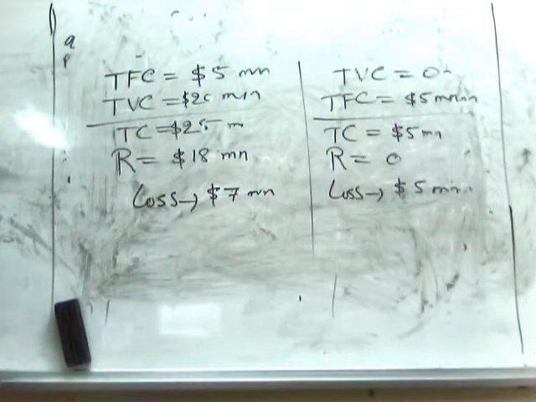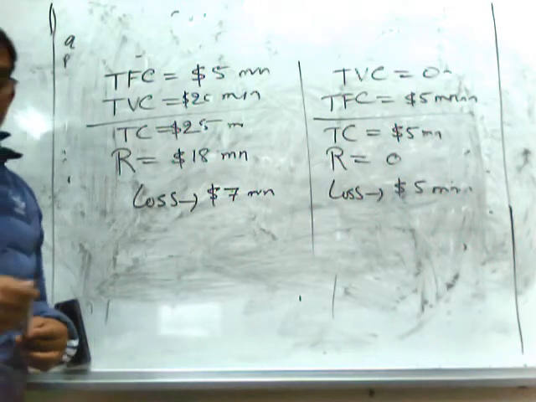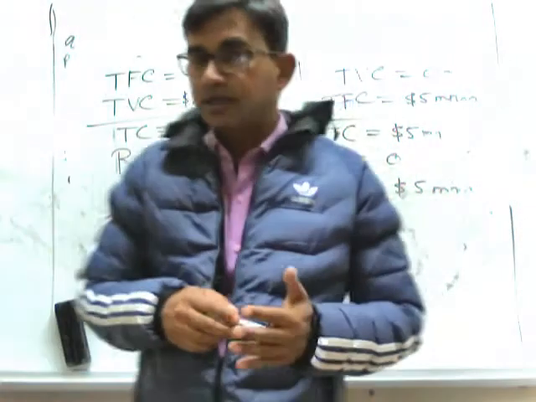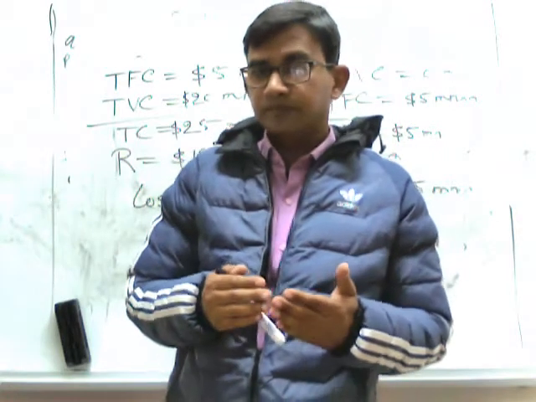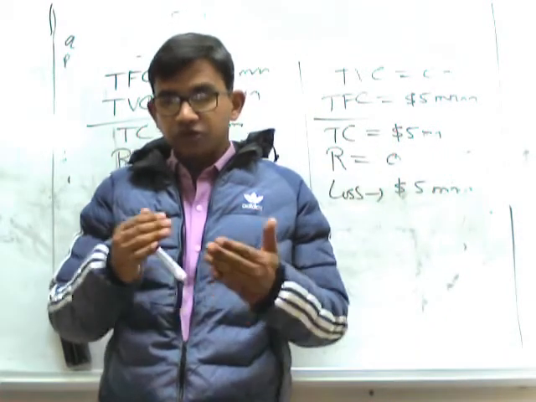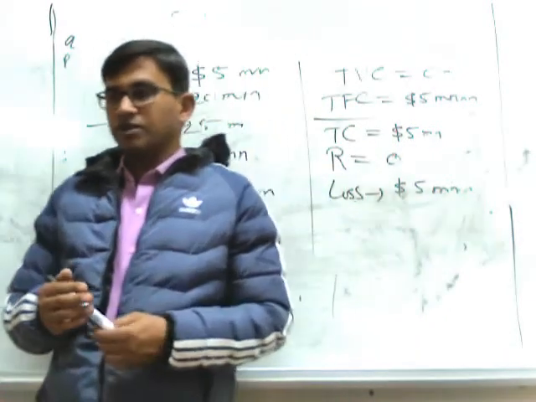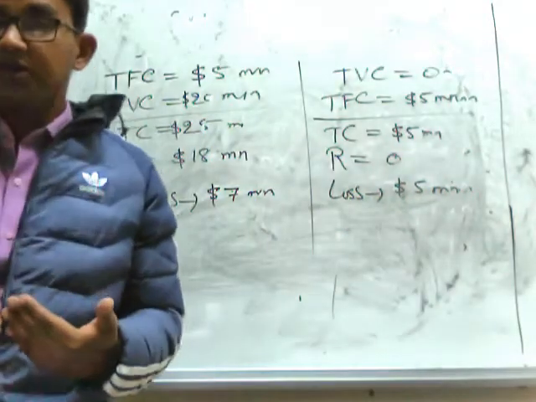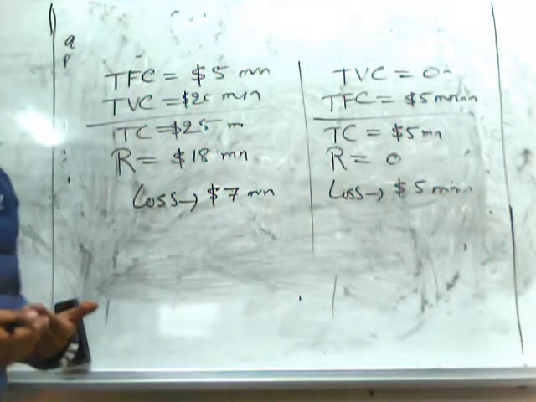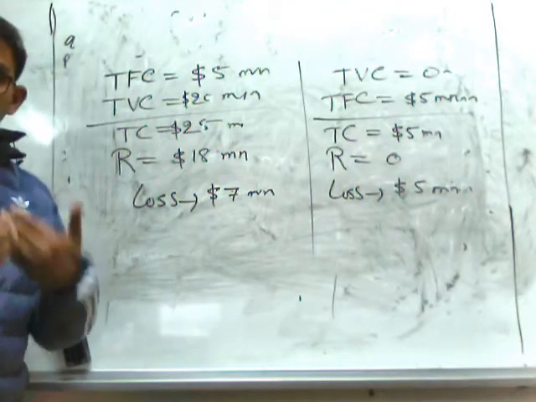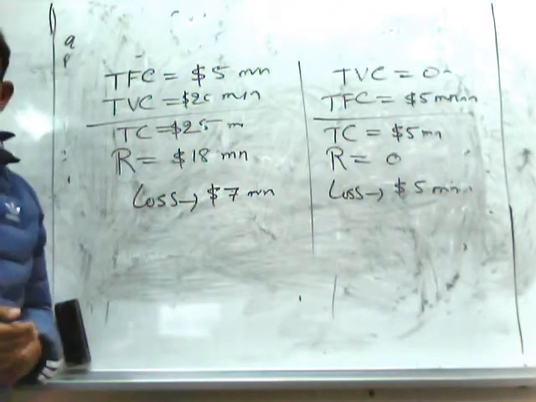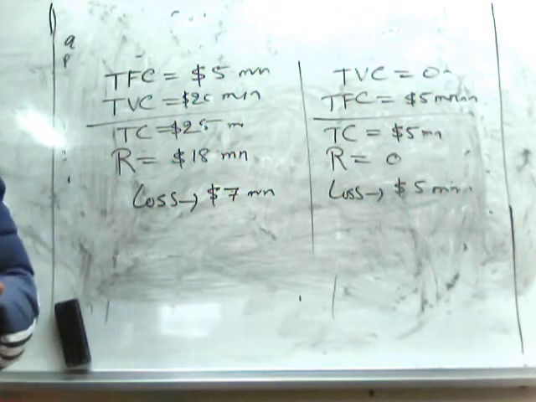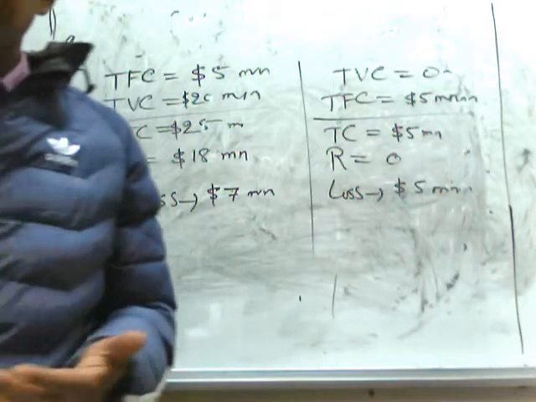So from here we can conclude that if in the short run we find that the revenue falls short of total variable cost, the firm is not even able to recover its variable cost of production. So in that case, it will be better for the firm to leave the market, because only the total fixed cost will be equal to loss.